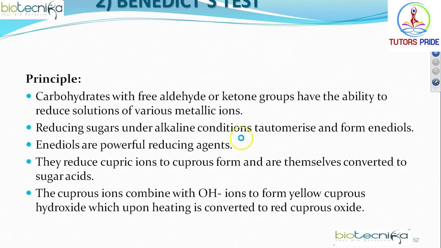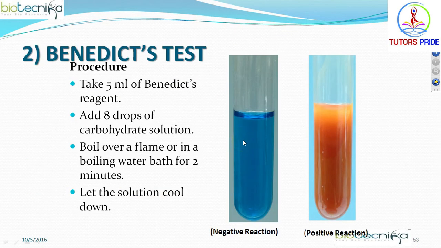Okay, so a question will come in Benedict test. What is the reducing agent? Which element or which compound is acting as a reducing agent? Can anybody tell me? In Benedict test, which compound or which intermediate is acting as a reducing agent? Can anybody answer?